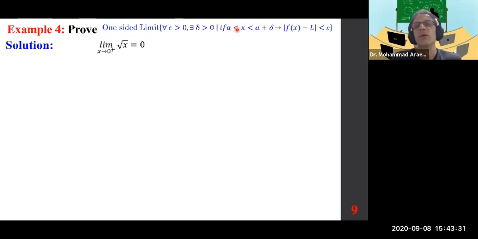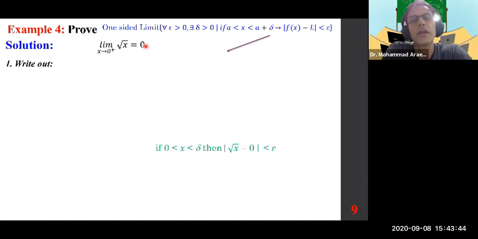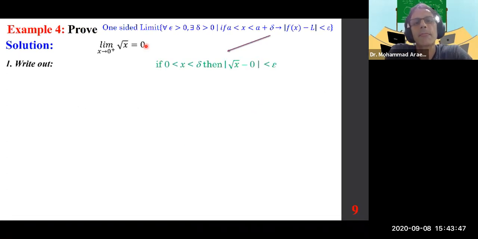Okay, remember when we look at this one, your a is 0, and so is the limit. So to do the write out, it looks like this. If x is between 0 and delta, and we are looking just at this one, then absolute value of f of x minus L is less than epsilon.